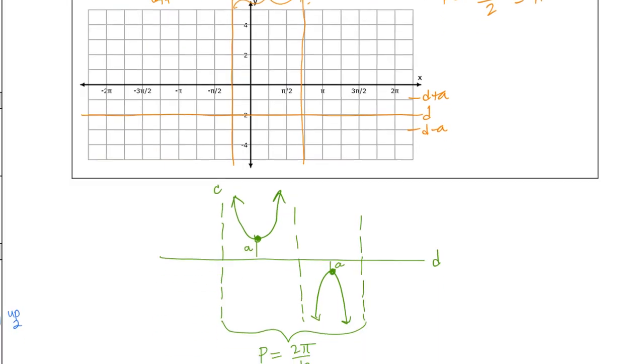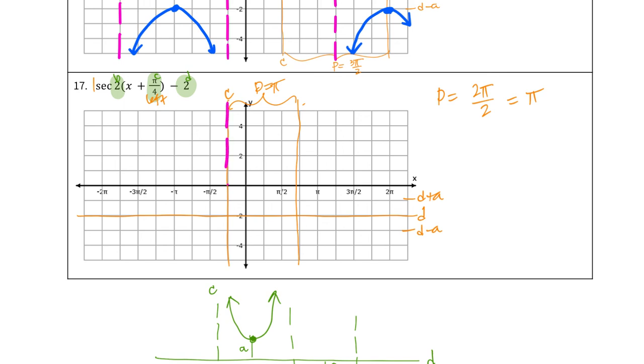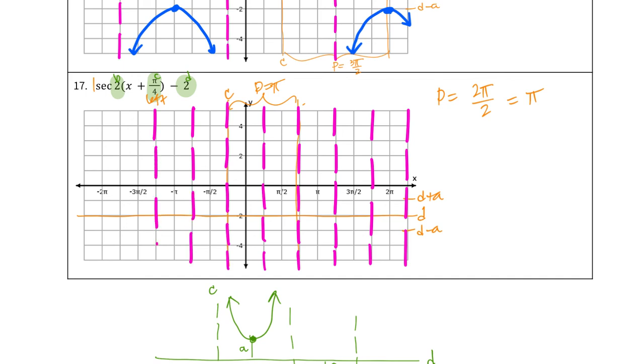So like I have drawn here, secant begins, ends, and then right in the center has an asymptote. So the pattern is every 2 squares, so I'm going to go ahead and draw all of them in. We're going to have to finish off this graph anyway. Okay.